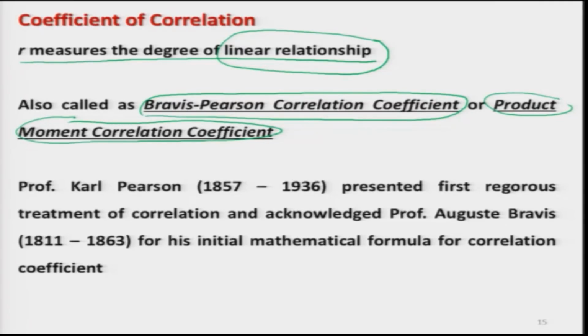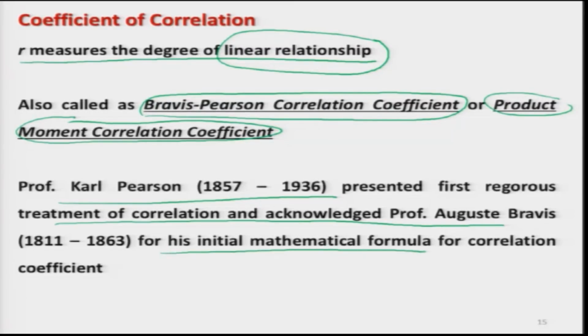Actually, Professor Karl Pearson presented the first rigorous mathematical treatment of the correlation, and he acknowledged Professor Auguste Bravais, because Professor Bravais had made some initial mathematical contribution by giving the mathematical formula for the correlation coefficient. So, that is the reason it is sometimes called the Bravais-Pearson correlation coefficient.